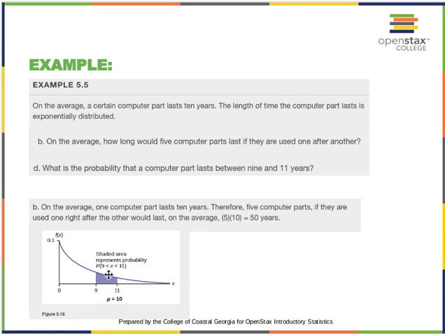Our shaded area is going to be equal to this section here, once again, between 9 and 11. And the area itself, once you calculate it out, is equal to 0.0737. So it's actually a pretty small chance that you're between 9 and 11, because there's an infinite number of possibilities.